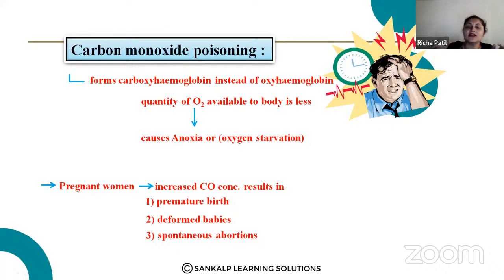Because of this oxygen deficiency, it will result in headache, weak eyesight, nervousness, and cardiovascular disorders. These are some of the adverse effects on the human body. This is why carbon monoxide is poisonous.